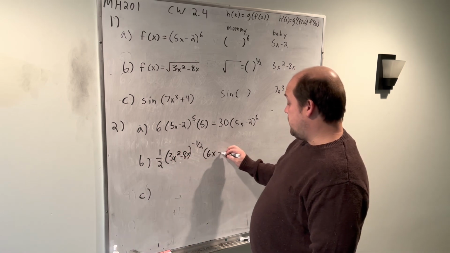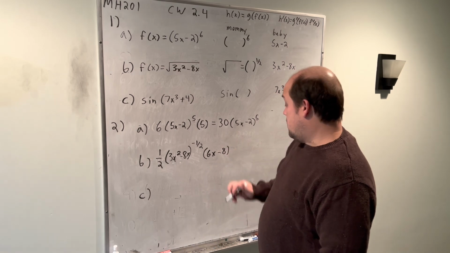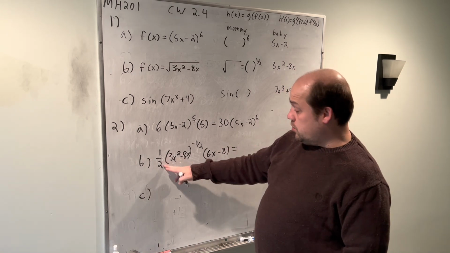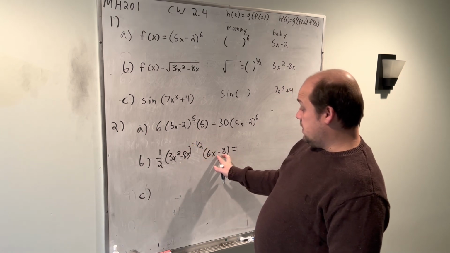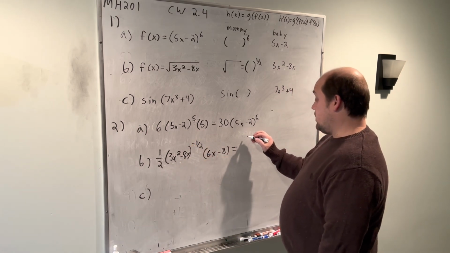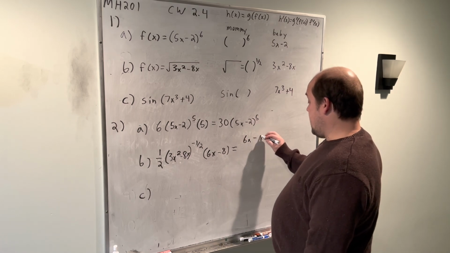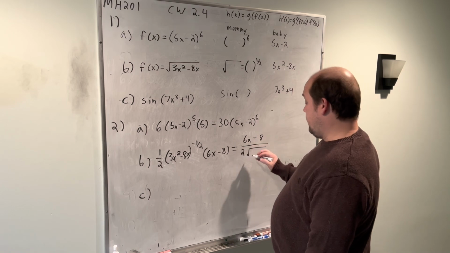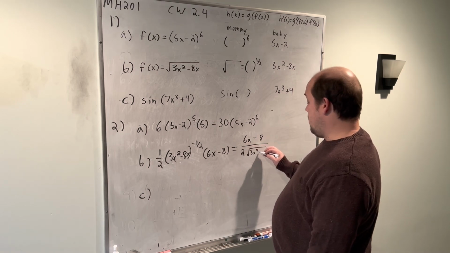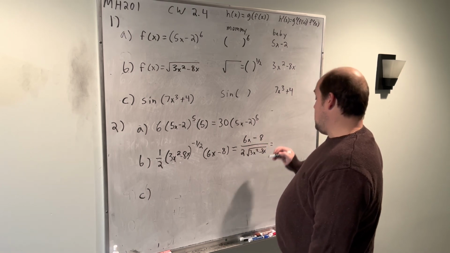Negative 8x just becomes negative 8. Have to clean this up slightly. This 2 is already on the bottom because this is a negative exponent. This joins it. This stays on top. So this becomes 6x minus 8 over 2 the root of 3x squared minus 8x.